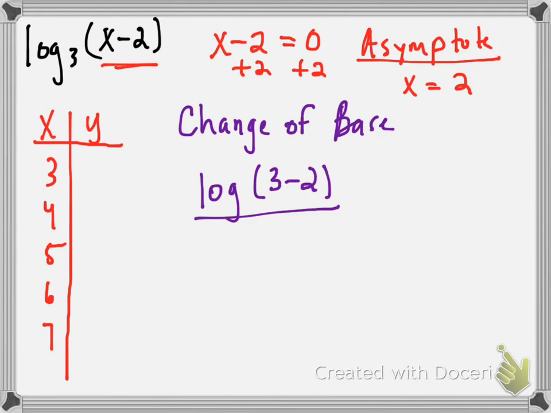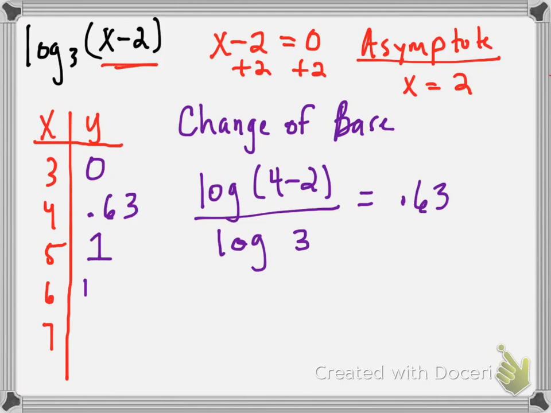So you plug in x, log of 3 minus 2, and divide that by log 3. If you type that in your calculator, you'll get an answer of 0. Then we plug in 4, and we get an answer of 0.63. We're going to complete that process until we have our table filled out. Once you have your table filled out, now you have your xy coordinates that you're going to plot on a coordinate plane.